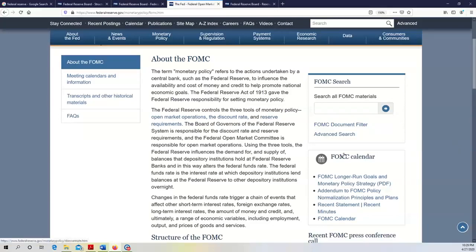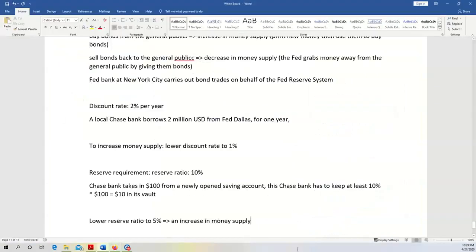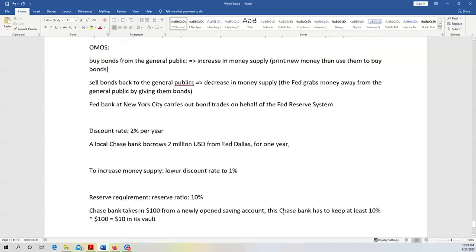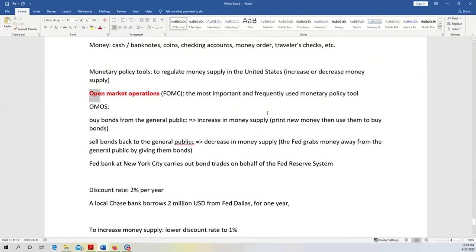Discount rate and reserve requirements, even though they are monetary policy tools that can be used to either increase or decrease money supply, are rarely used by the central bank. So instead, open market operations are the most important monetary policy tool used by the central bank in the United States.